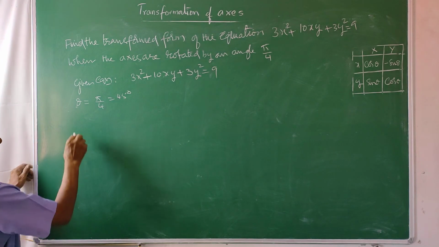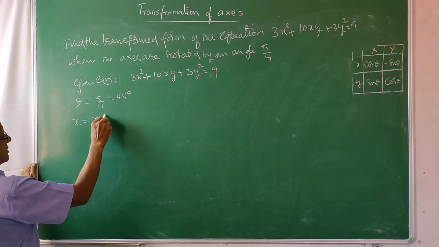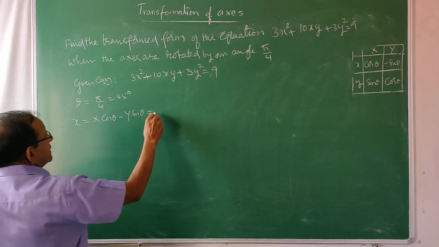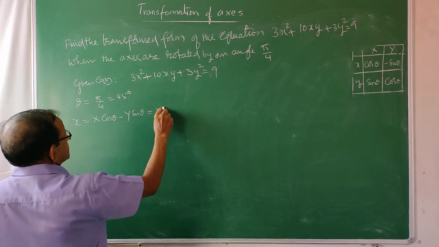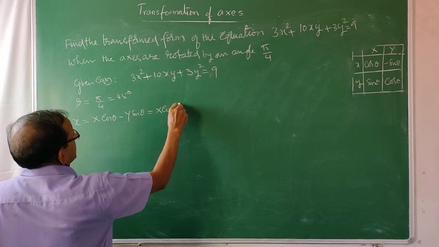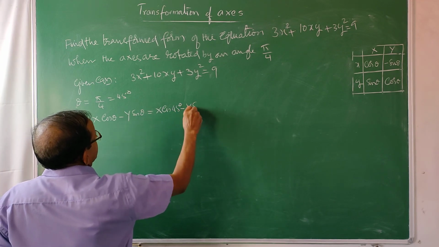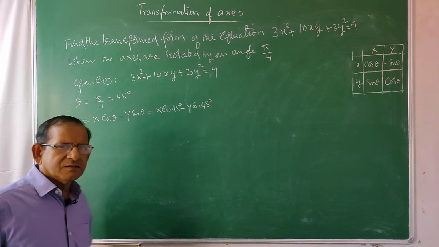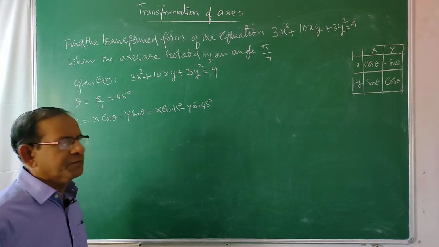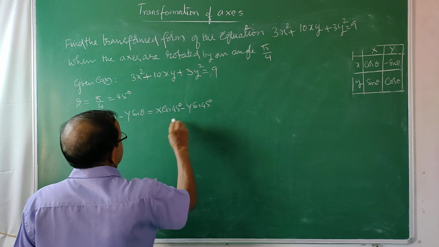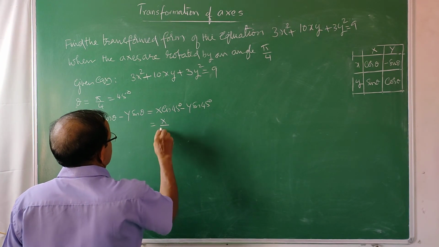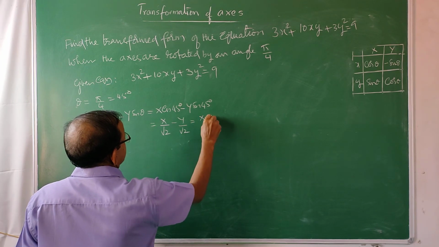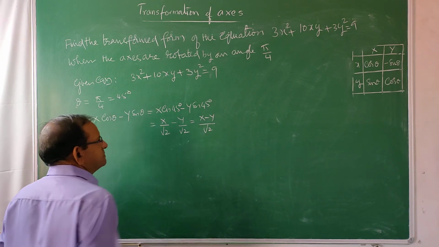So what is small x? Small x = X cos theta minus Y sin theta, that is X cos 45 minus Y sin 45. You know that cos 45 and sin 45 both are equal to 1 by root 2. So this is X by root 2 minus Y by root 2, that is equal to (X − Y) by root 2.